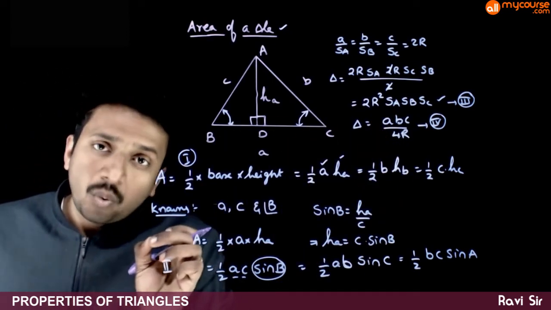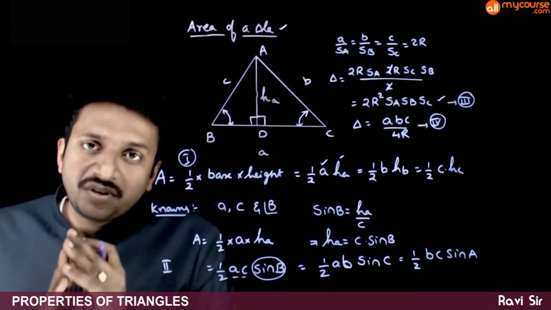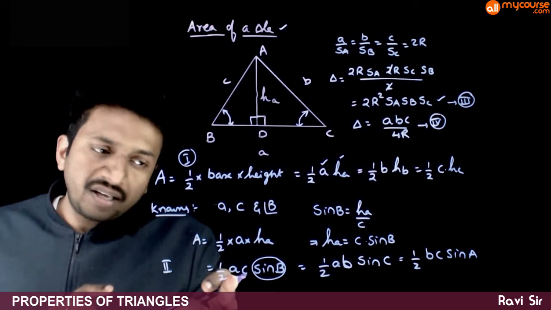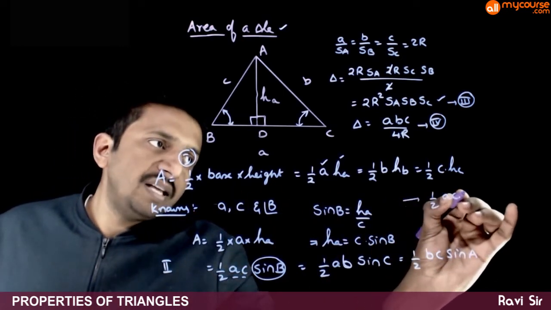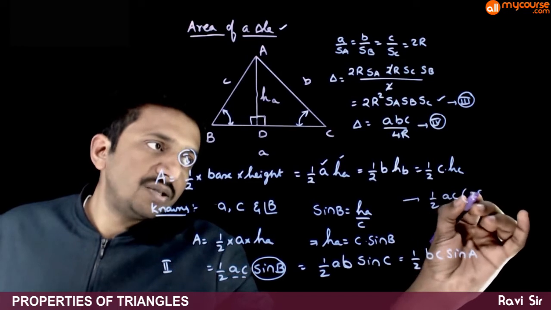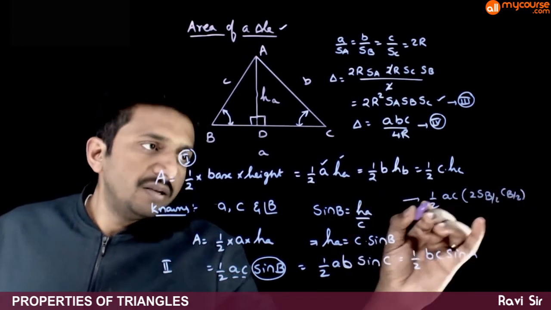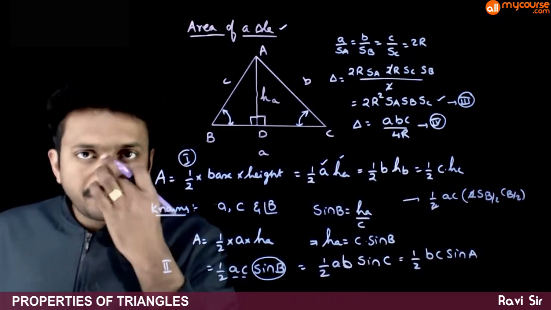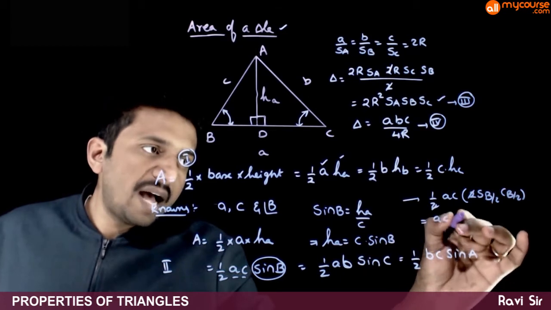And you have one more formula which can be used when you know all the three sides of a triangle. So half ac sine B can be written as ac times sine B by 2 cos B by 2, so this 2 and 2 get cancelled. What is sine B by 2 from half angle formulas?